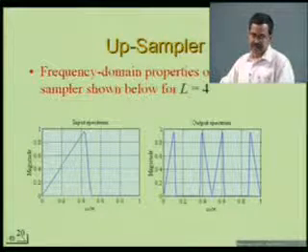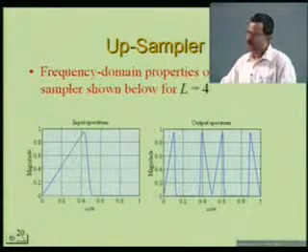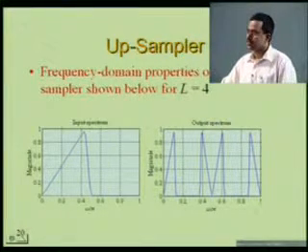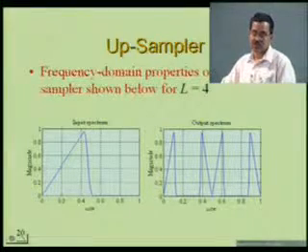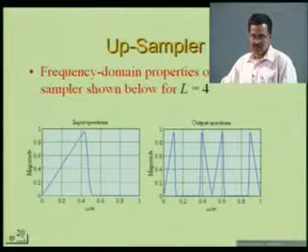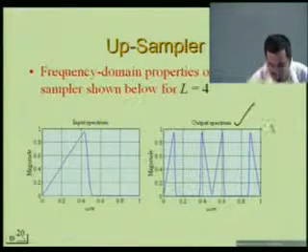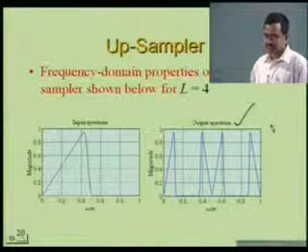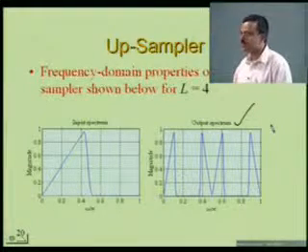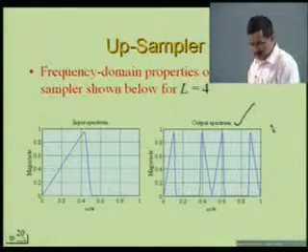The left hand side figure reflects the input spectrum, ω divided by π means it is the frequency, and the other scale is magnitude versus frequency, and this figure shows the output spectrum, I mean the frequency spectrum of the output from the upsampler with L equal to 4.